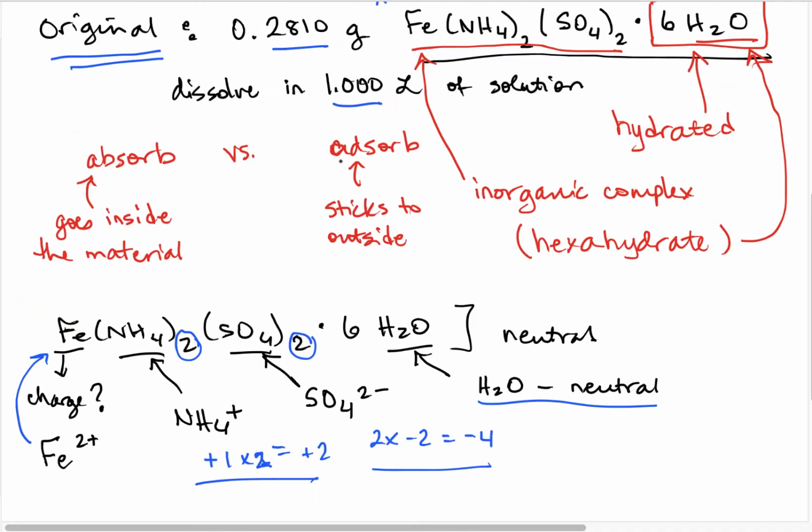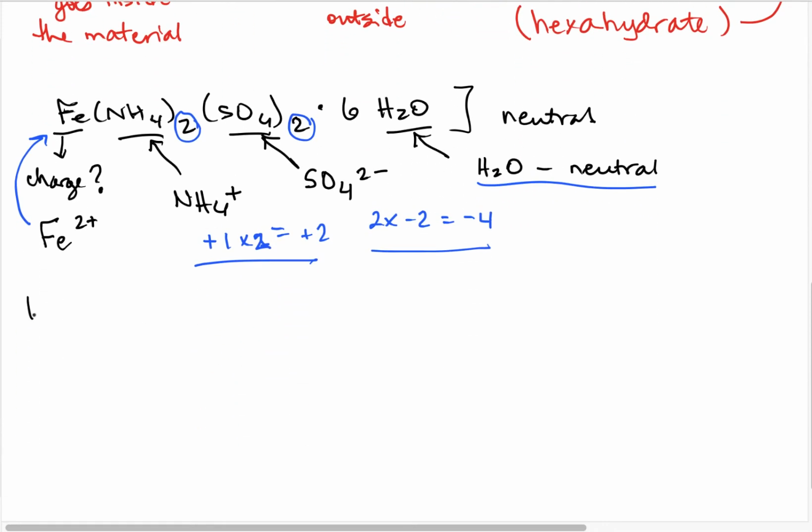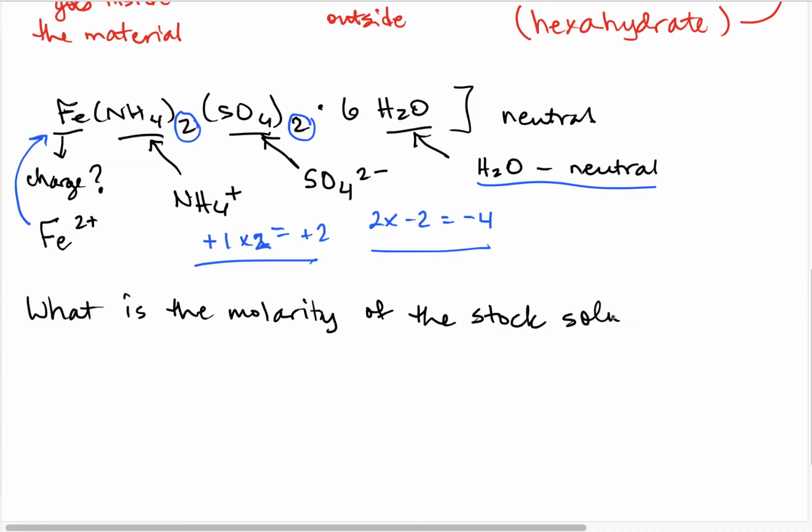And we took 0.2810 grams of this whole crazy compound. And what's our question? What is the molarity of our stock solution? Well, we know moles per liter is our molarity.